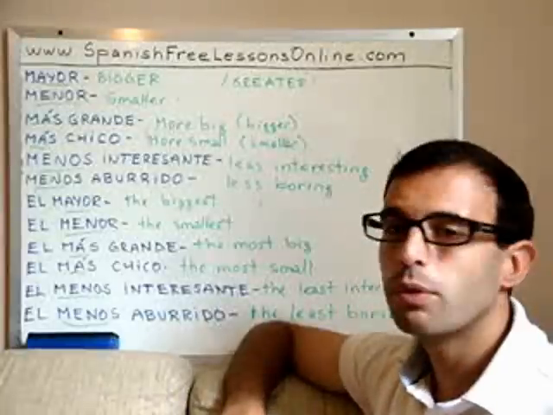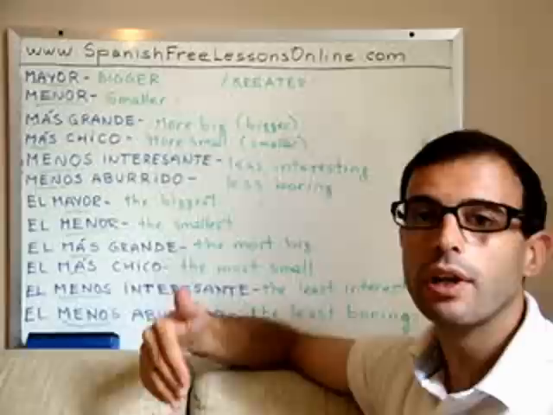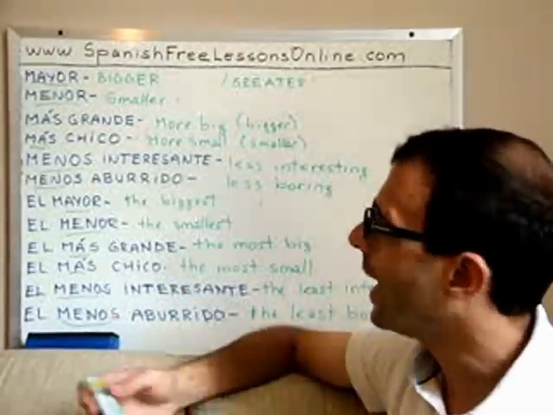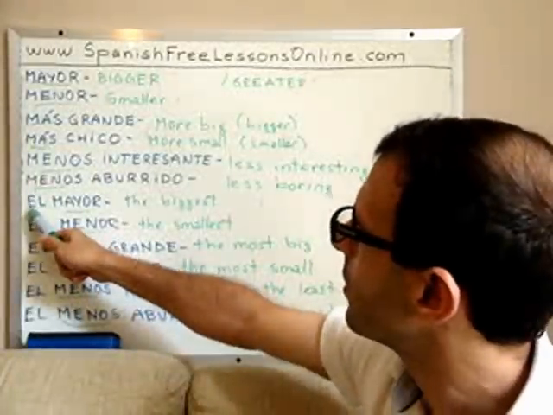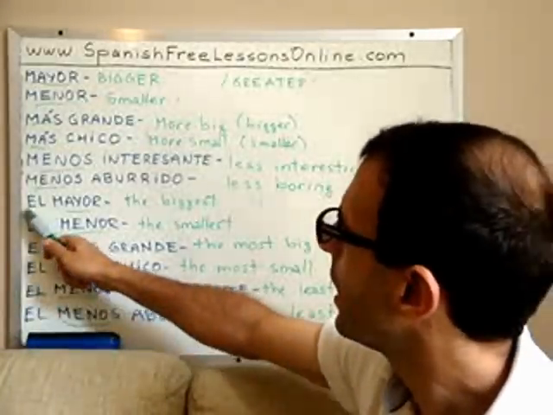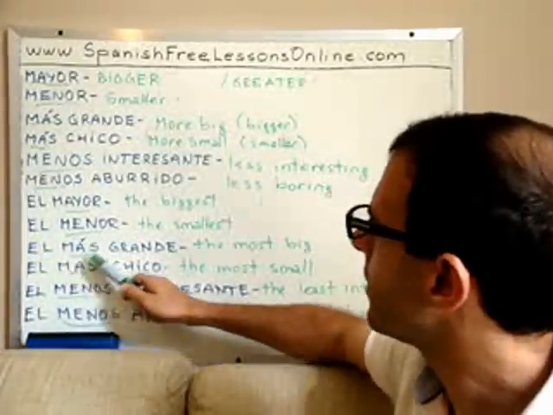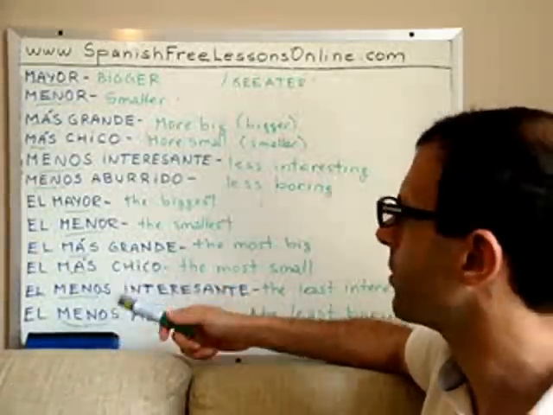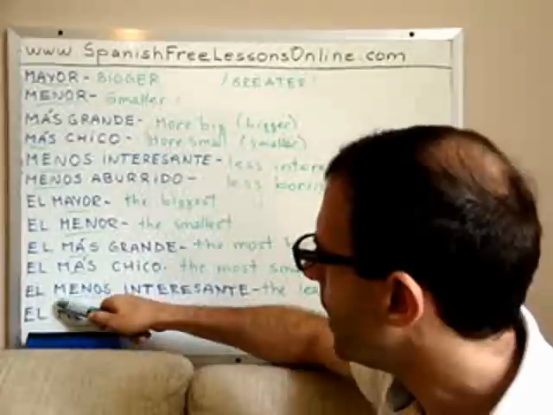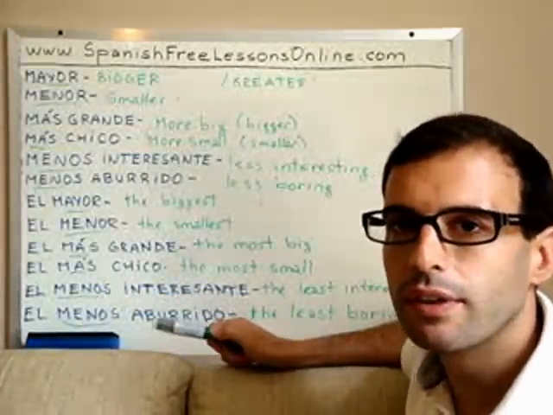And if you want to say the most or the least, you add the article before, okay? Like here, el mayor would be the biggest. El más grande would be the most big or the biggest too. El menos interesante, the least interesting.